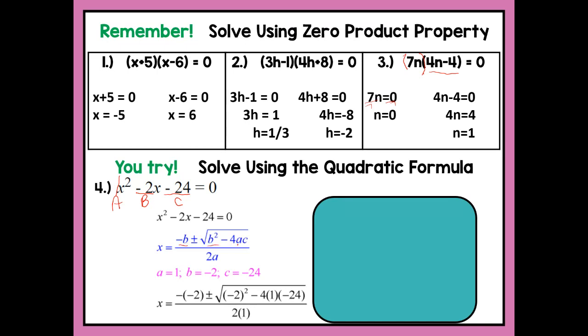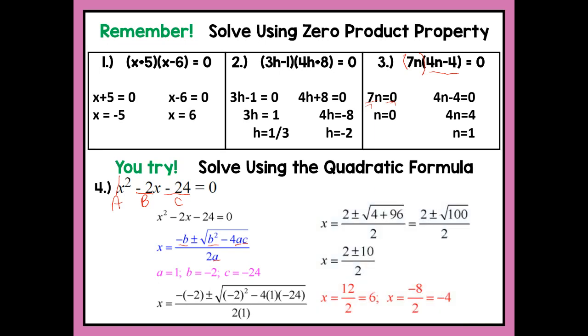That's where the b goes, a goes here and here, and c goes here. And when you simplify, you will find that you get your two answers. So 12 over 2 is 6, and -8 over 2 is -4.